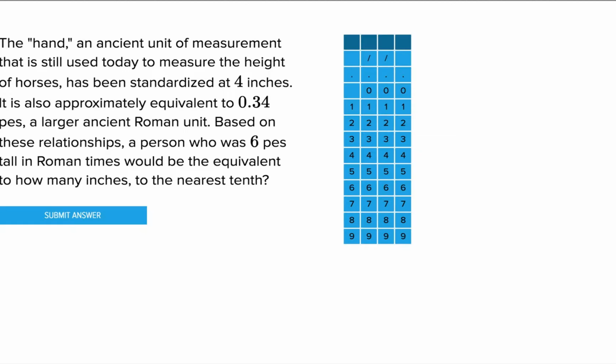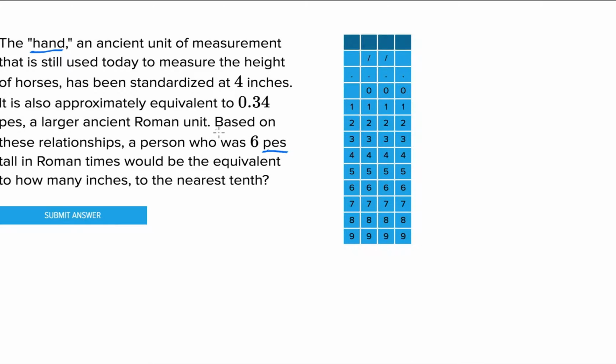So here we're going to be discussing a glorified unit conversion problem. What makes this tricky, or seemingly tricky, is the fact that we're using these foreign units, this pace and hand.